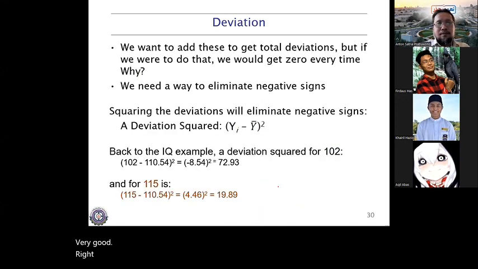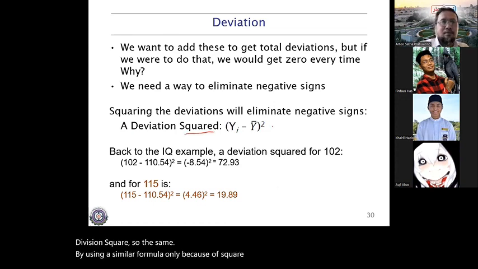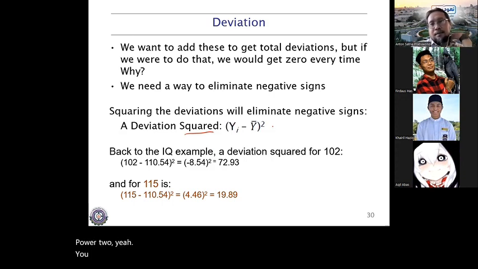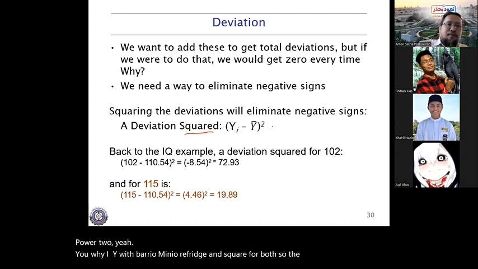So for the deviation squared, here, using a similar formula. Only because of squared, we put the power 2 here. Yi minus y bar here, mean or average, and square for both. So the result should be square.